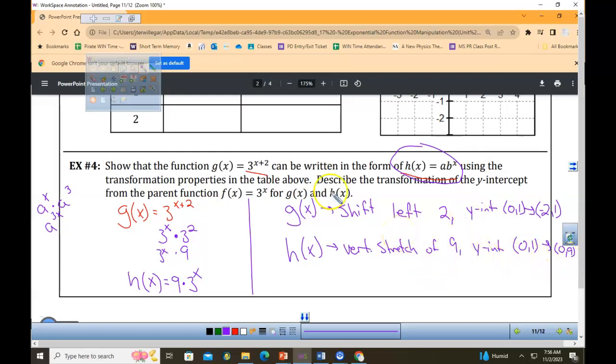And that makes sense, because then if I graph this, I have -2, 1, and it's going to go up through 9. That's different than when it went through 1. We're moving it to the left 2 either way. Isn't that wild? I don't know. I think it is. I hope you enjoyed. Have a good day.